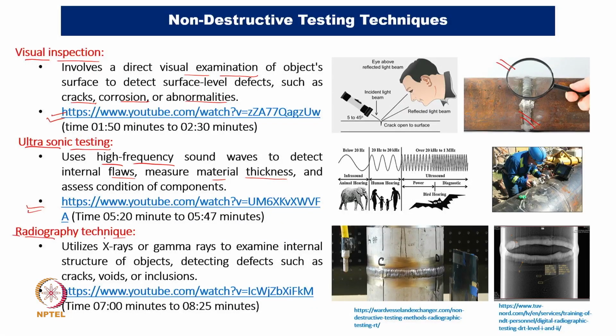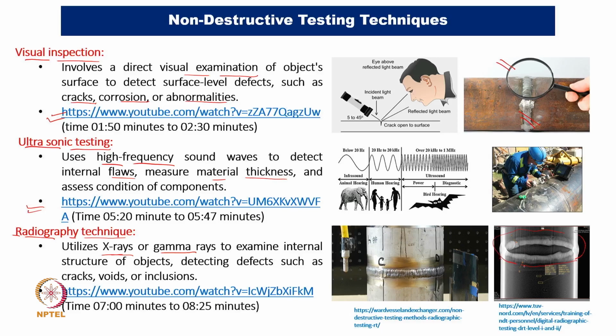Radiography is a slightly expensive technique, and it requires high energy like X-rays or gamma rays, and it tries to visualize the complete flaw or defect within the complete body. In this case we are showing a tube, and how the flaws are happening inside and what kind of welding has happened.